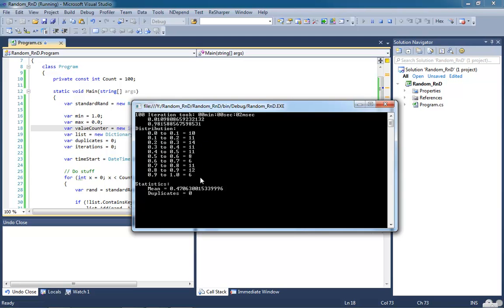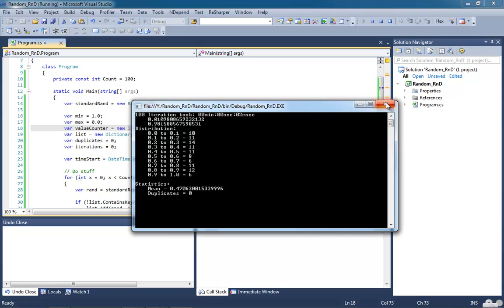Then eventually, as you run more and more iterations, we'll see a more equal distribution, and our mean or average, ideally, should be 0.5, but right now we're under 0.5. But as our iteration counts come up, we'll see our distributions balance out, and we'll also see our average balance out as well.